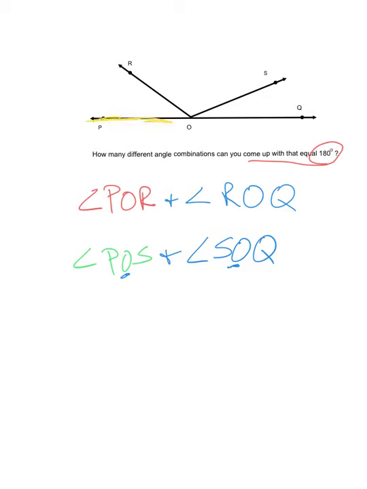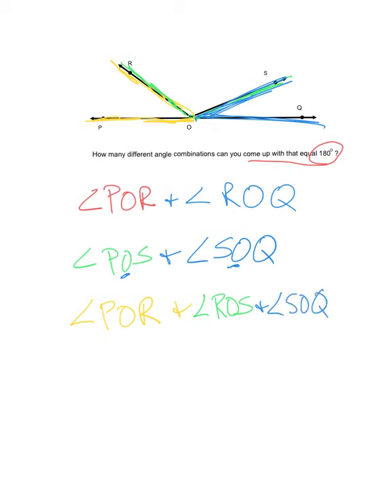Let's see here, POR and this angle here, angle ROS, and this angle here also make up a straight line, 180 degrees. So there are 3 different angle combinations I could come up with.